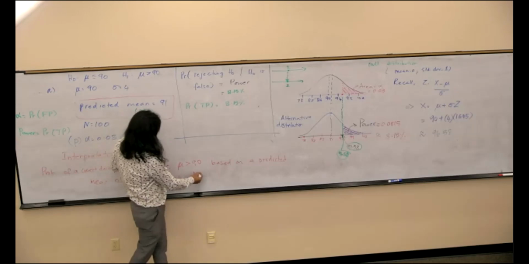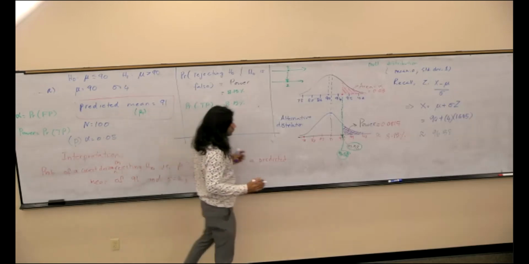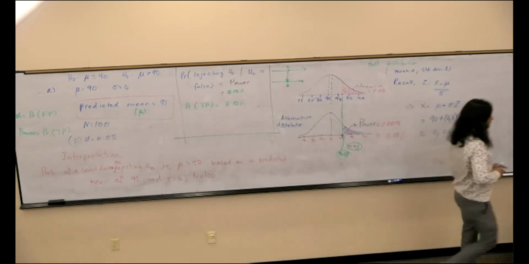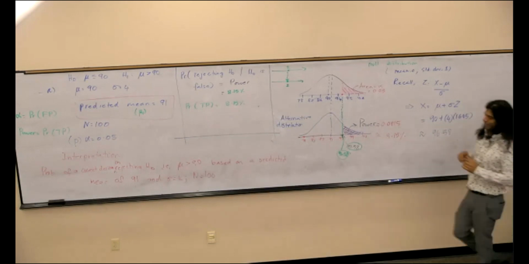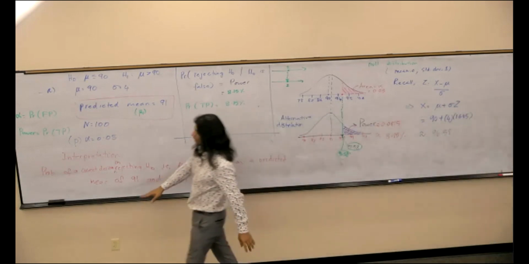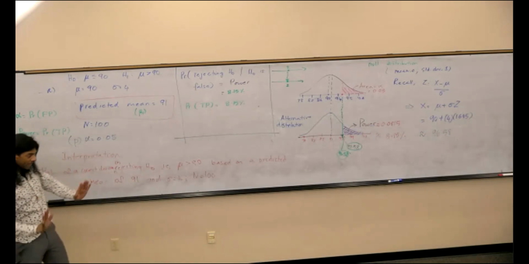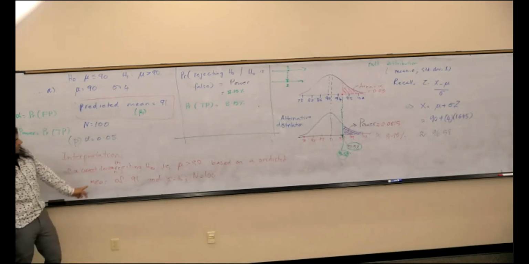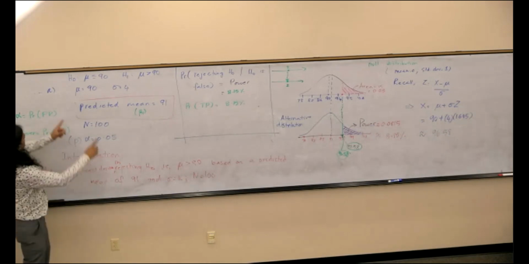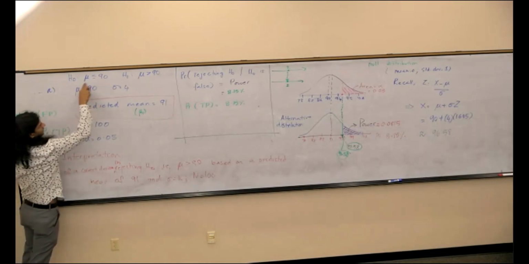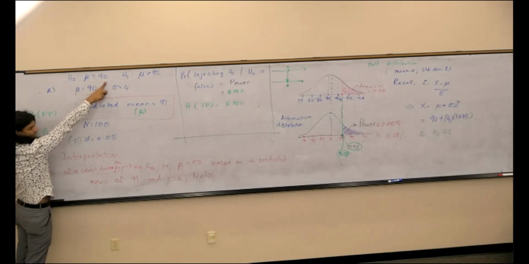The sample size is given in the problem as 100. Read the statement. It is the probability of making a correct decision in rejecting the null.